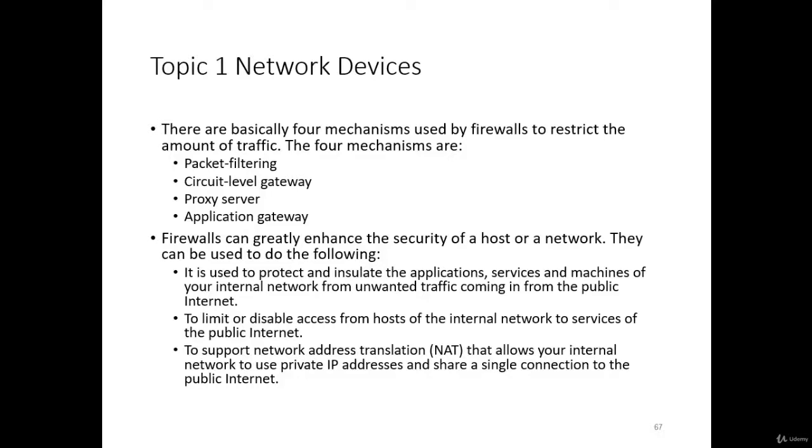To protect and insulate the applications, services, and machines of your internal network from unwanted traffic coming in from the public internet. To limit or disable access from hosts of the internal network to services of the public internet. To support network address translation that allows your internal network to use private IP addresses and share a single connection to the public internet.